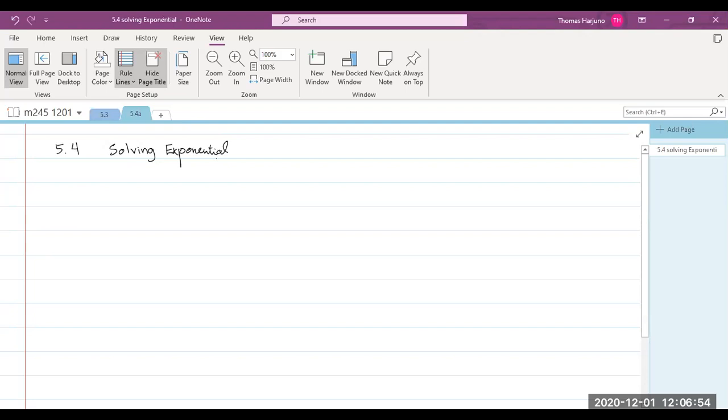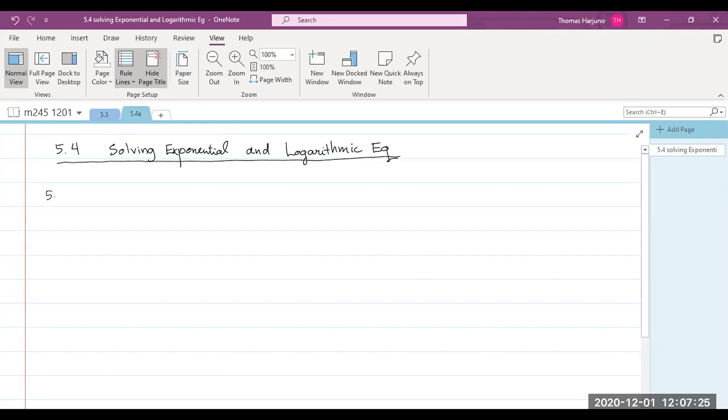That's part A, exponential, and part B, logarithmic equations. Now, with the time we have left today, I will do the exponential part. Logarithmic equations require you to be strong in your logarithmic properties. So that's why I leave it to Thursday.